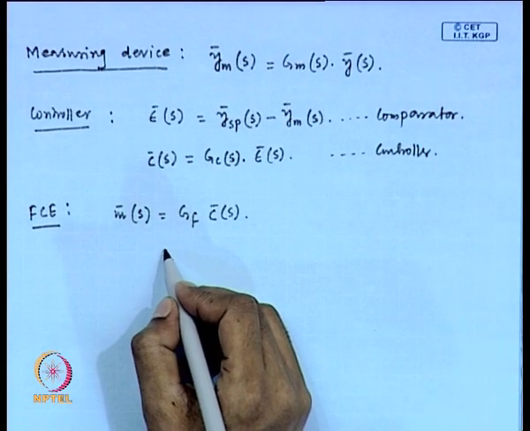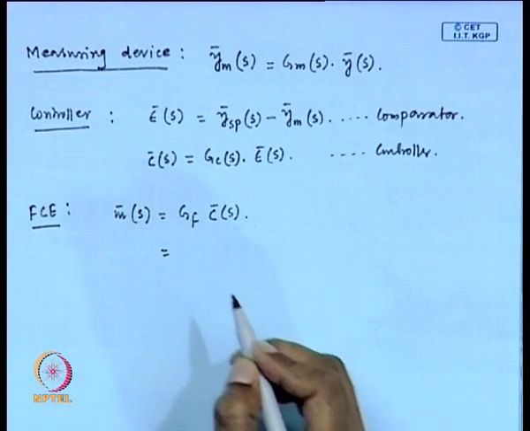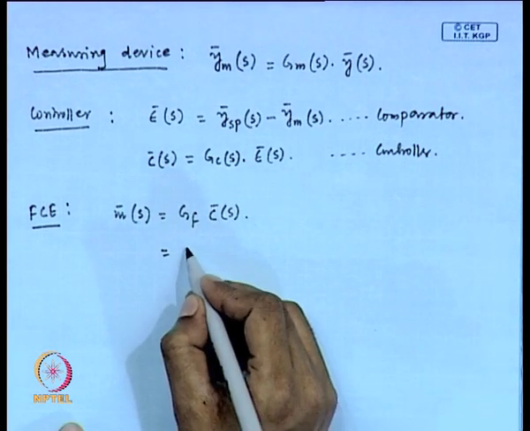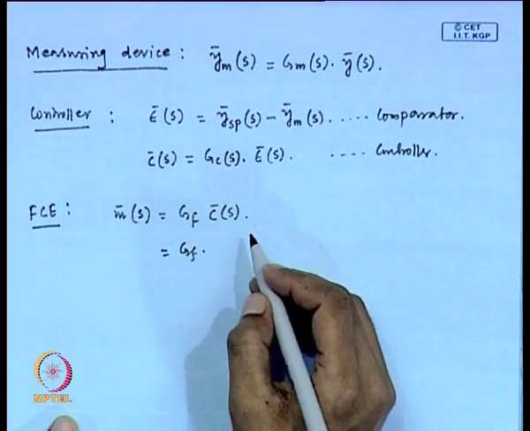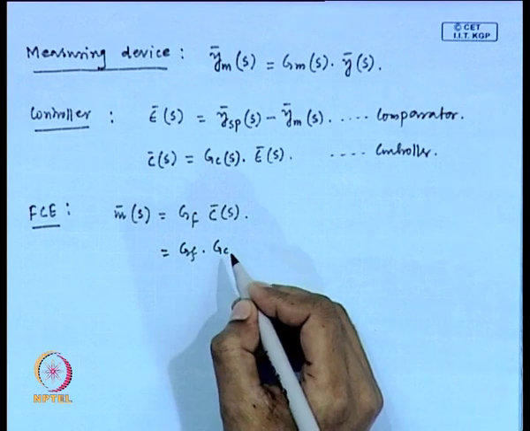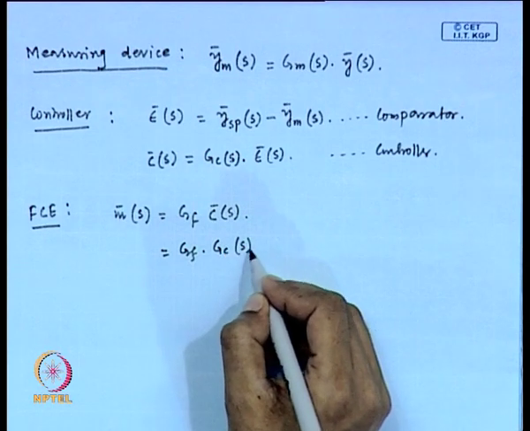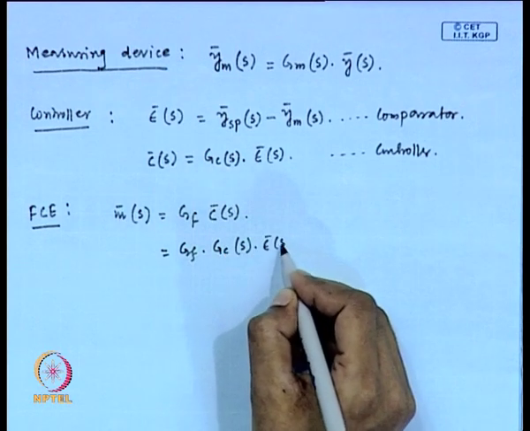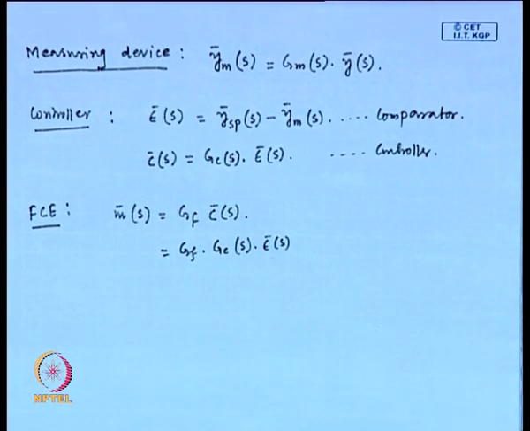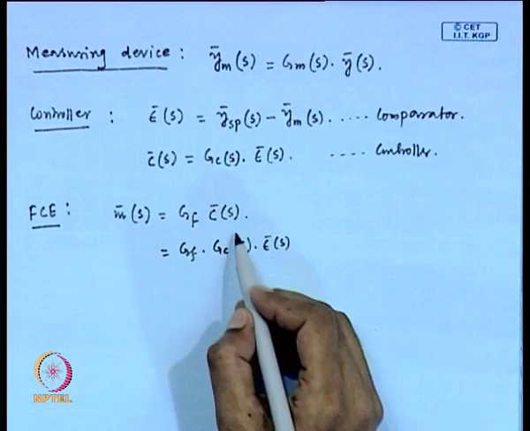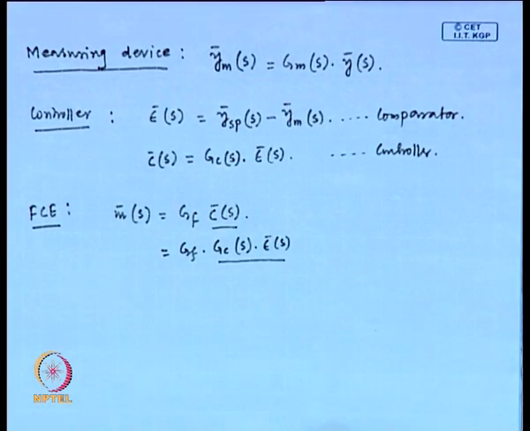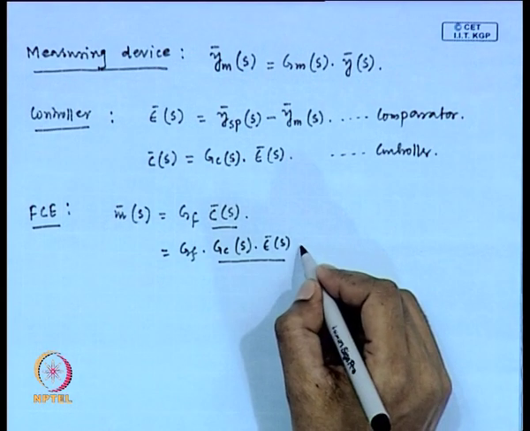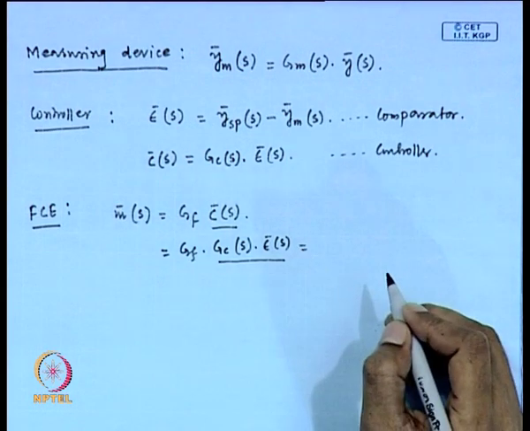Now, this m bar s we can write again as G F multiplied by C s. C s means what? C s means G C s multiplied by epsilon bar s. Now, we will substitute the expression for epsilon bar s.